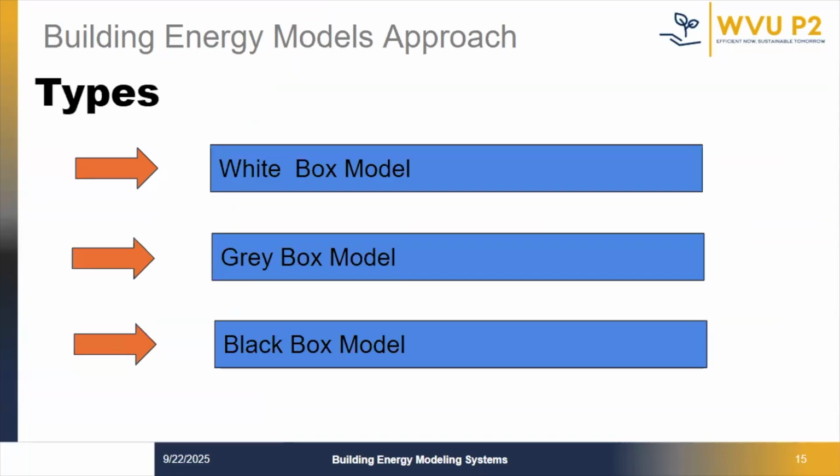So building energy models are categorized into three distinct approaches: white box, black box, and gray box models, each serving unique purposes in energy analysis. Let's examine each model type to understand when and why we should select one over the others.